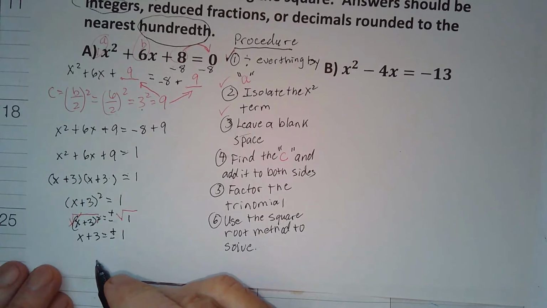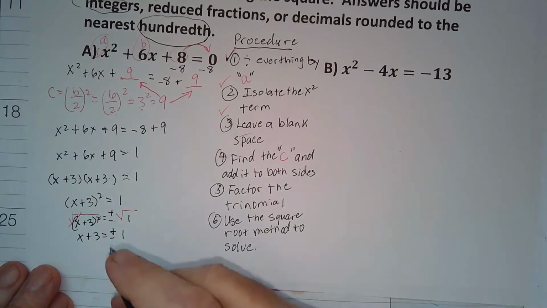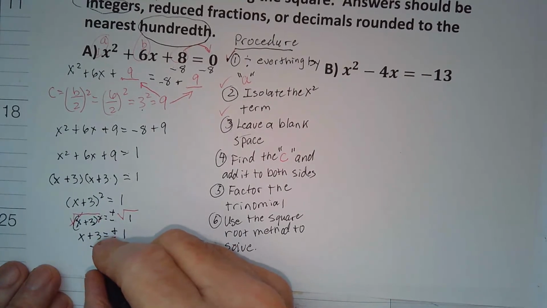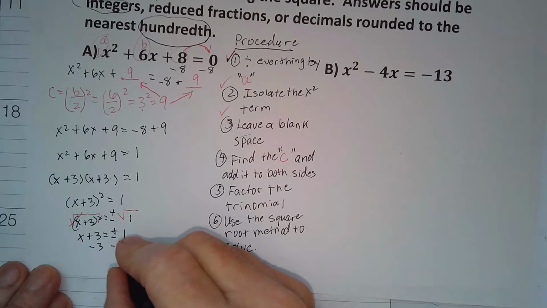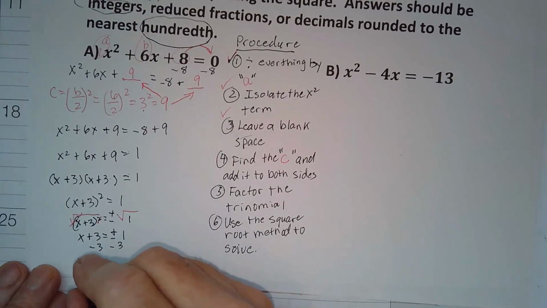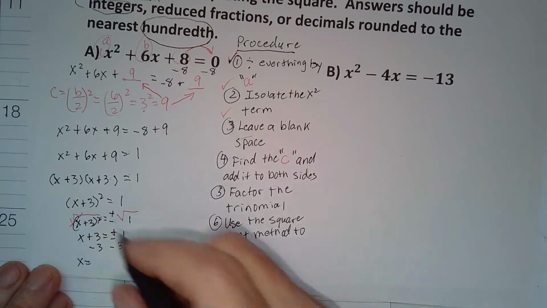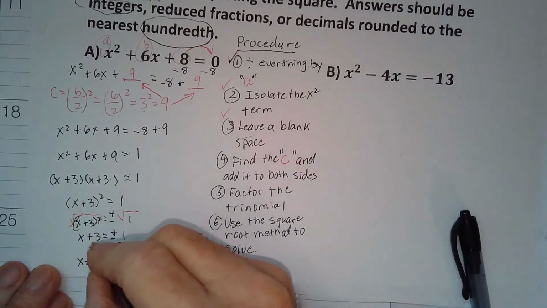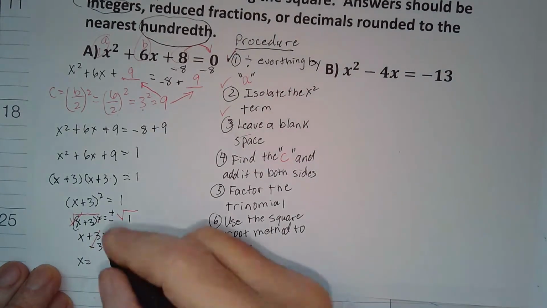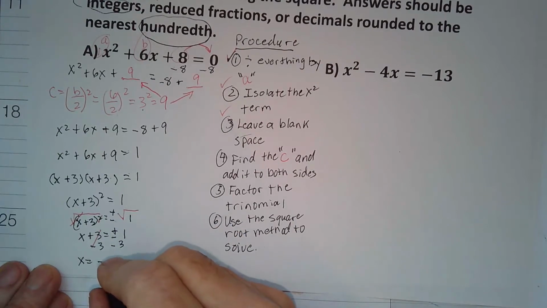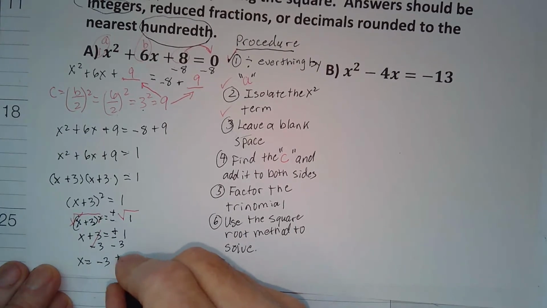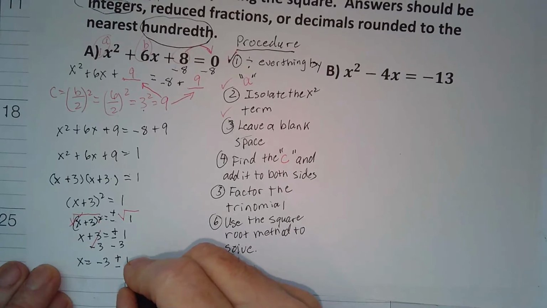So now you're going to rewrite this. You're going to subtract 3 from both sides. So you're going to end up with x equals, this goes away, negative 3 plus or minus 1.